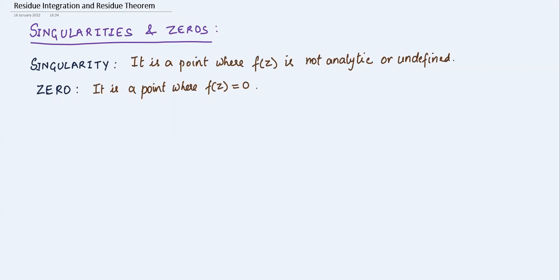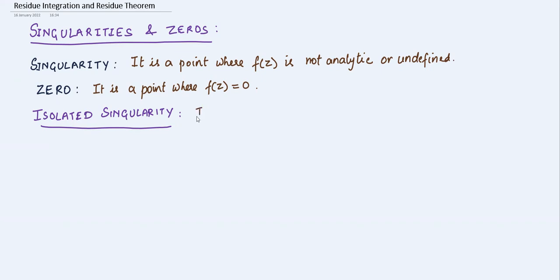Next, there is another term called isolated singularity. By definition, this means that it is a point where the function is singular. However, in the neighborhood, there is no singularity.